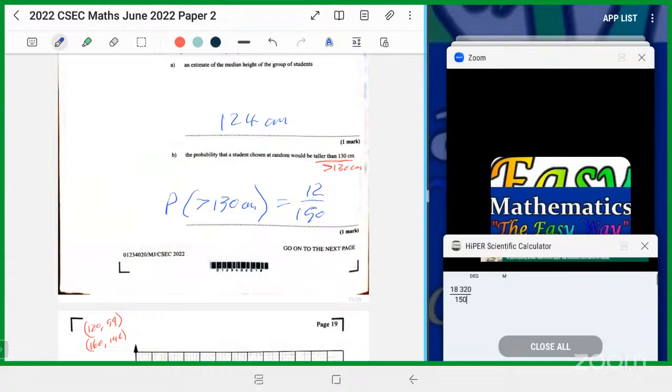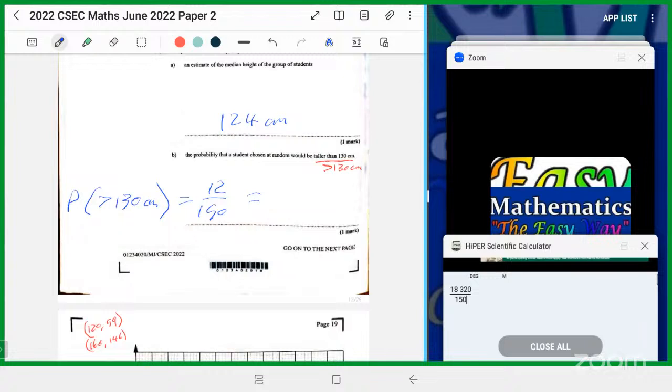That can be simplified. I can divide this by 3. Divide by 6. You can simplify this into lowest terms.